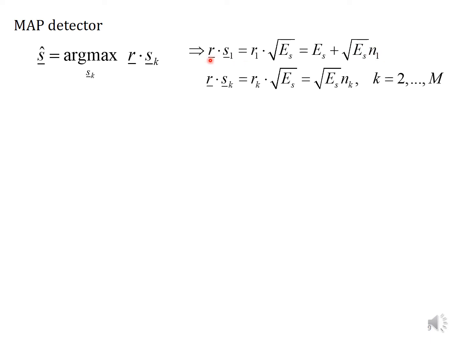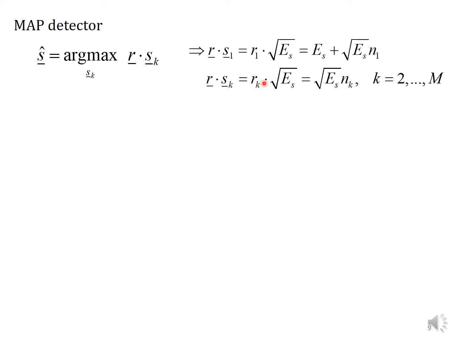And the inner product of the receive vector with the other sources, k from 2 to m: for the other dimensions, basis 2 to m, the receive vector contains only noise, right?